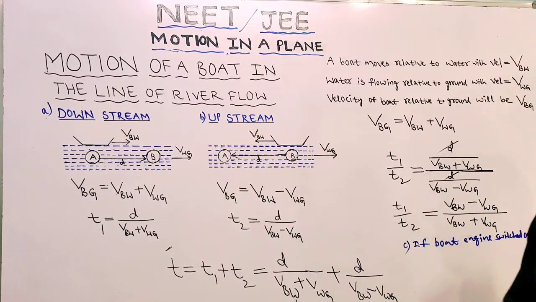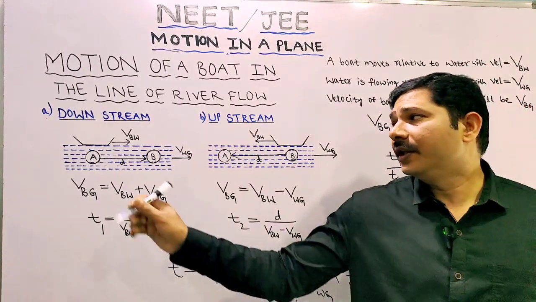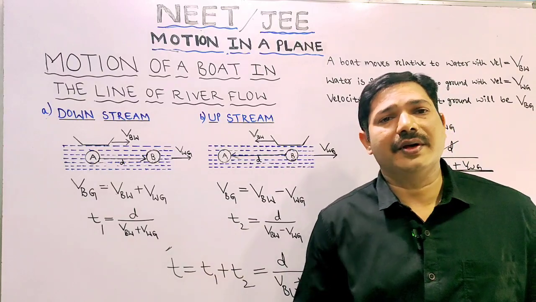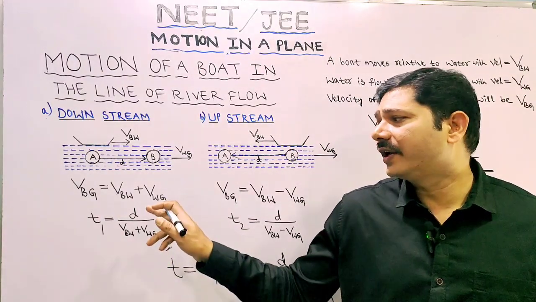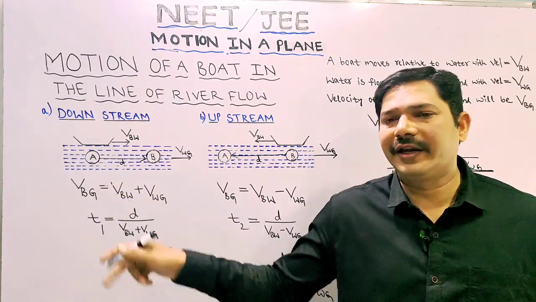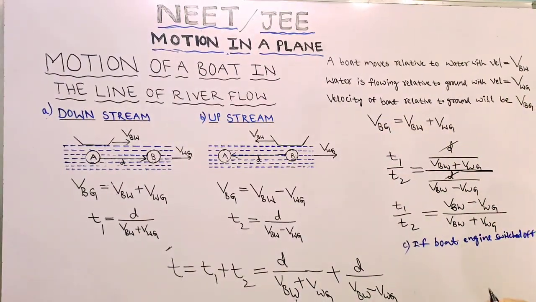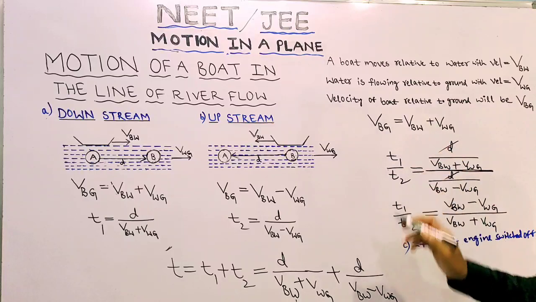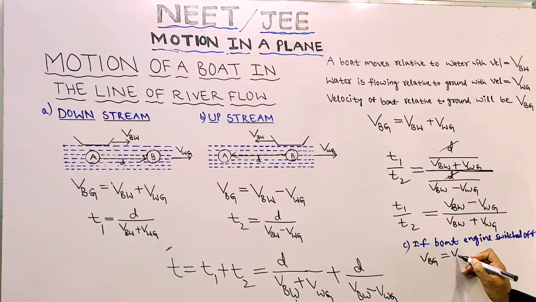Downstream it is going with the help of the river current, so the boat velocity with respect to the water we can take as 0. So that time VBW is 0, and VBG equals VBW plus VWG, which is only VWG.